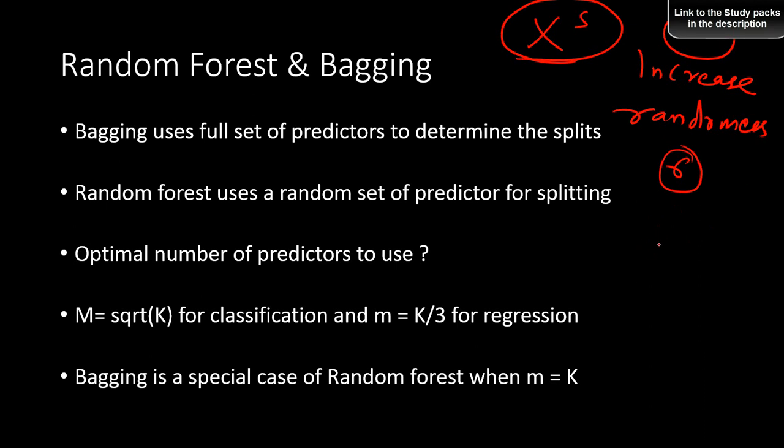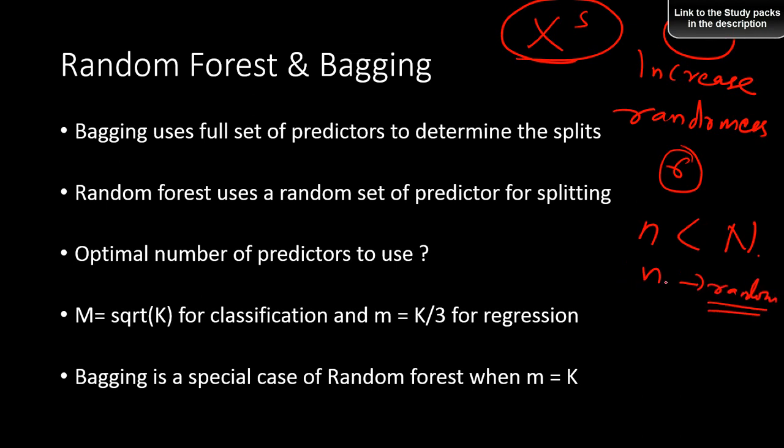So random forest is just a special case of bagging, where the number of variables used in building your decision tree model in different samples is less than the total number, and it keeps on changing. These are the two different things. The number of variables is less than the total number of variables, and n is random.